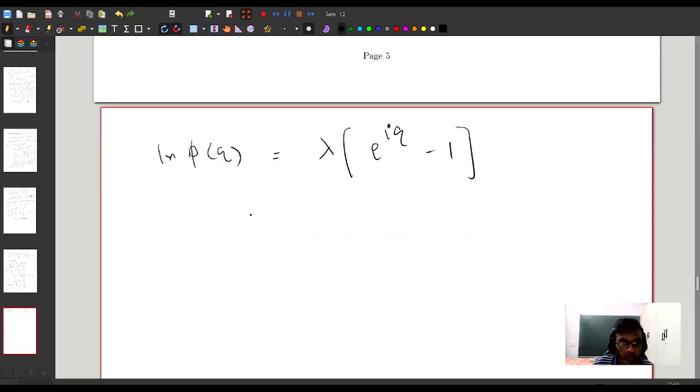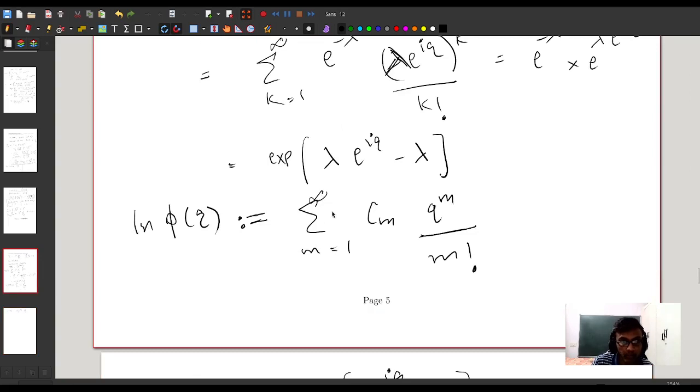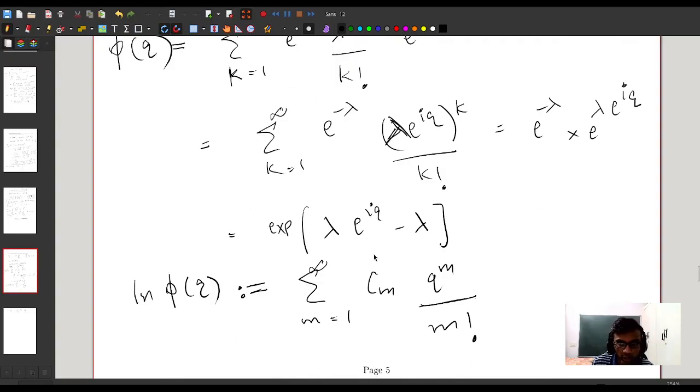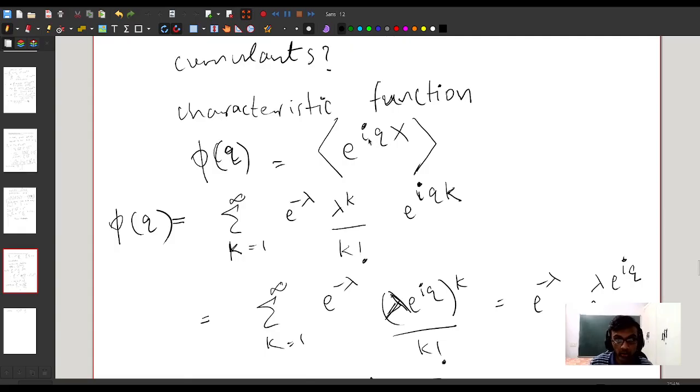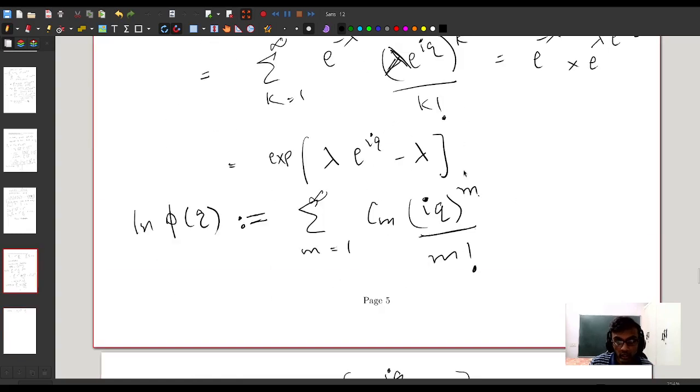Sorry, since this is the characteristic function, there is this i here in the definition, because we have defined it as the exponential of iqx, so this will also have the corresponding definition.